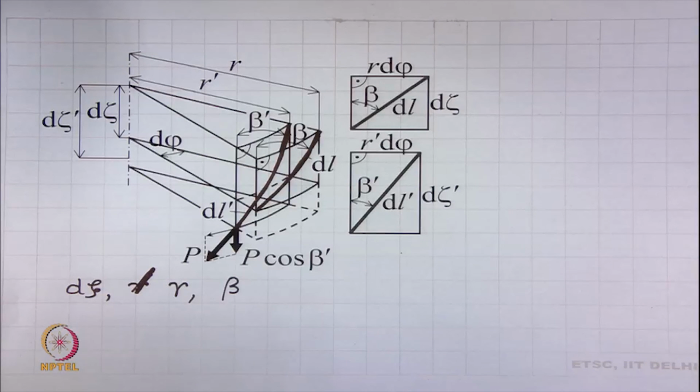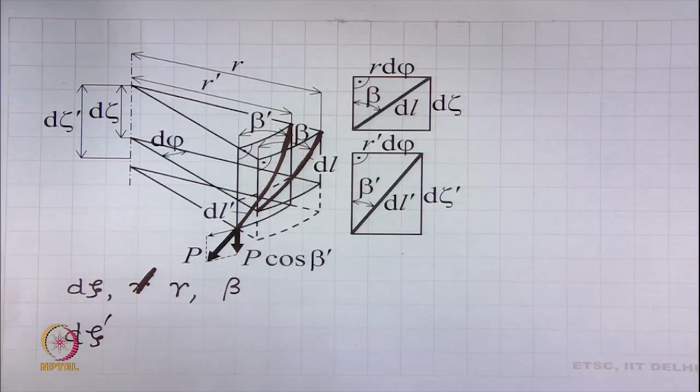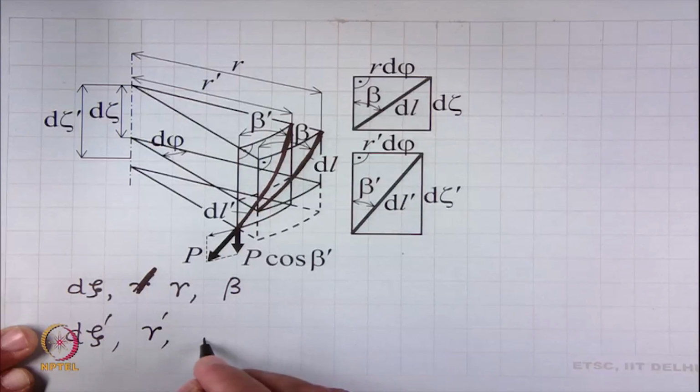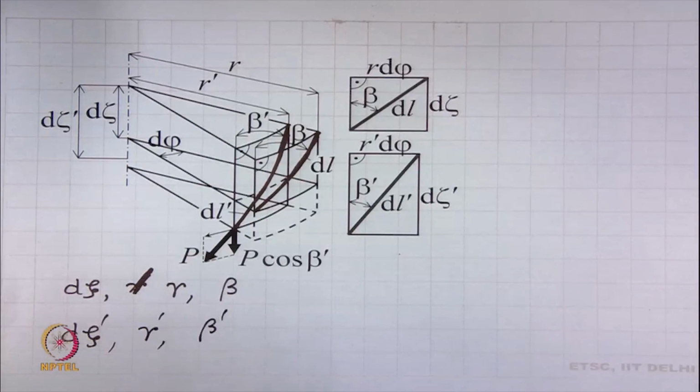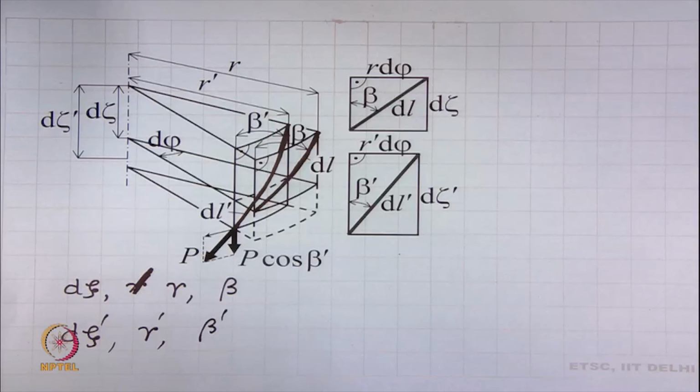So, the axial position is changing. This is the increment along the axis of the yarn, its radial position is changing and also its angle is changing. So, these three quantities determine the position of the fiber element after elongation of the yarn.